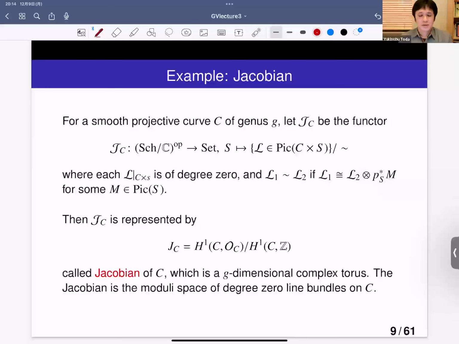Now I give some more classical examples.